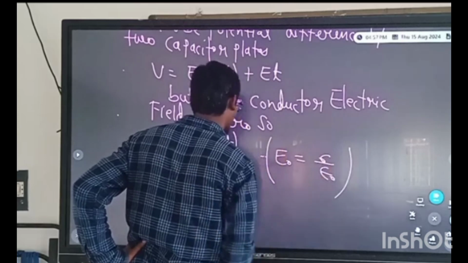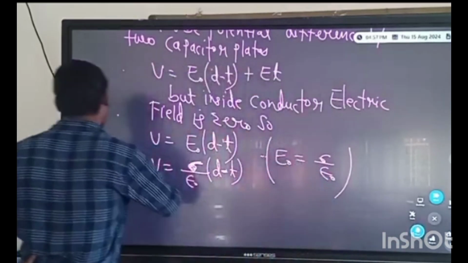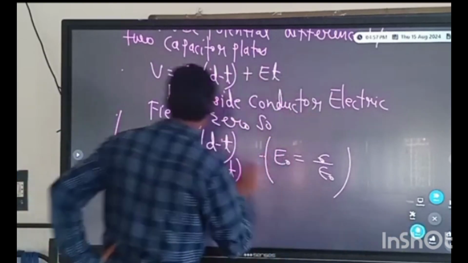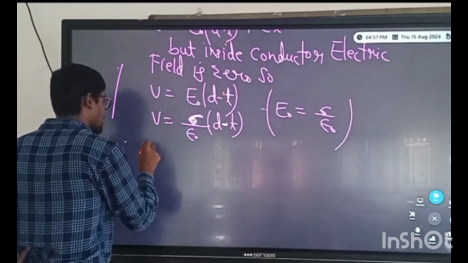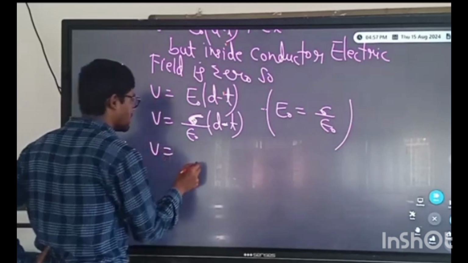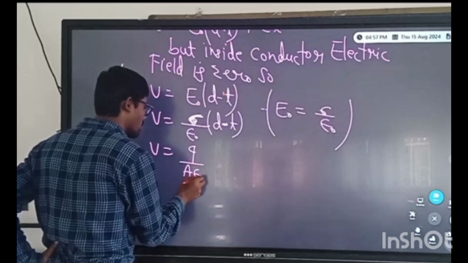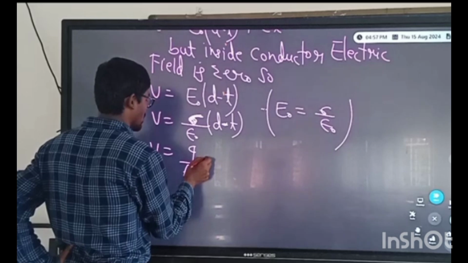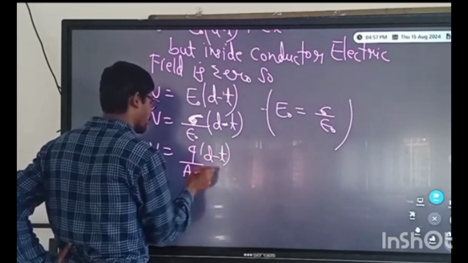Now sigma is the surface charge density, so we write Q by A epsilon naught times (d minus t).